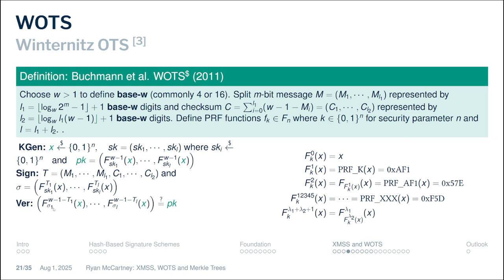And then we have the signature by just using the secret key and going up this function chain, not as much as we did here, which is w minus 1, but t_1 many times, which is just the base w representation of the first digit of the m-bit message. So we apply this function chain t_1 many times, and then any verifier can calculate how often he still has to apply this hash function on this value we published here.